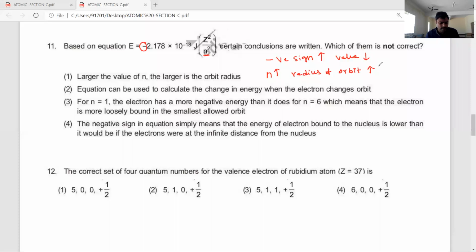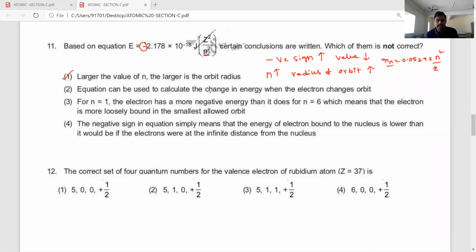Rn is equal to 0.0529 into n square by z. If z value increases, the radius decreases, and if n value increases, the radius increases. So the first statement is correct.